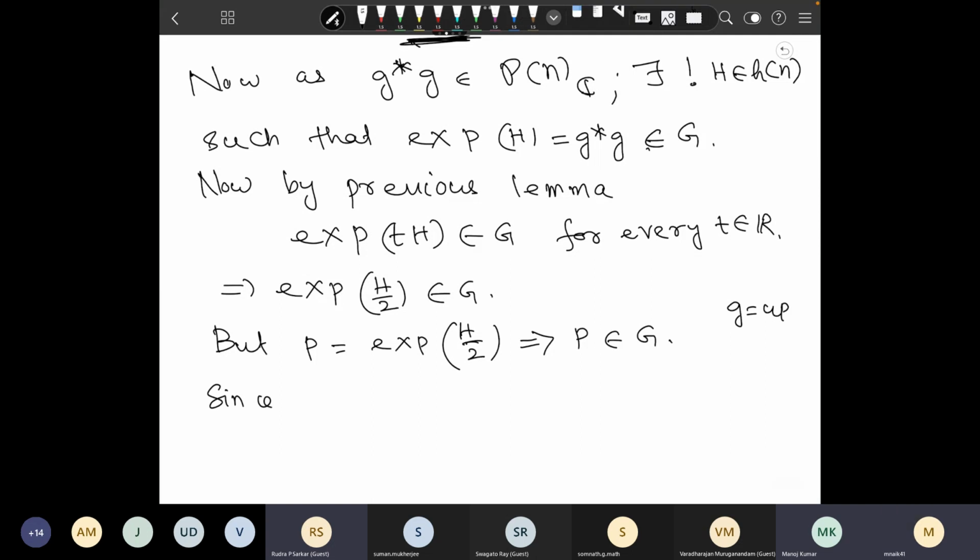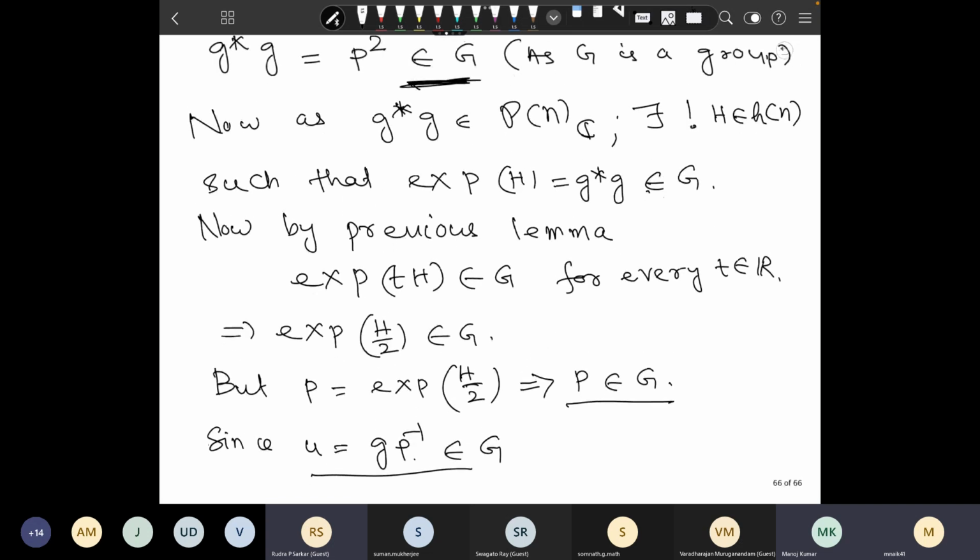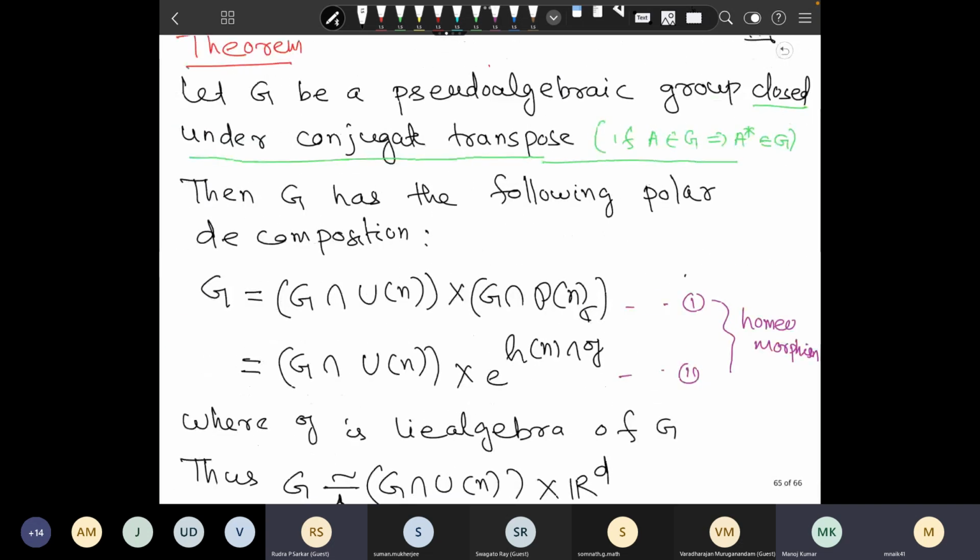So U is equal to g P inverse, and P belongs to G, g belongs to G, so this belongs to G. So I have proved that P belongs to G and U belongs to G. That means I have proved the first thing.